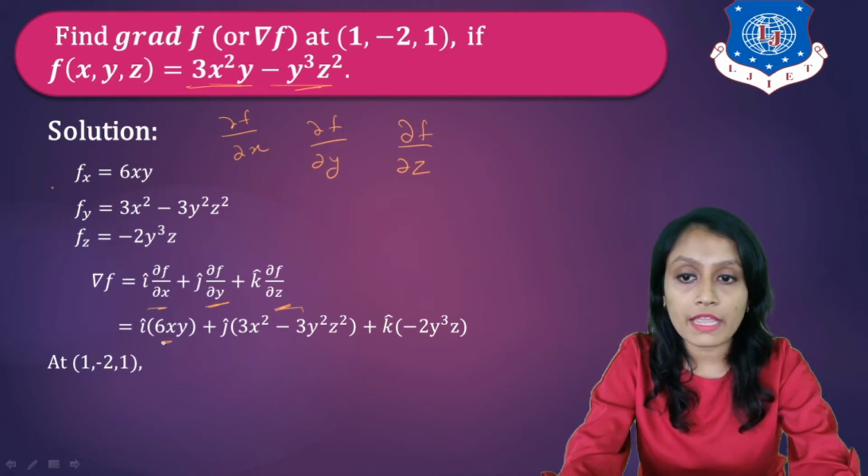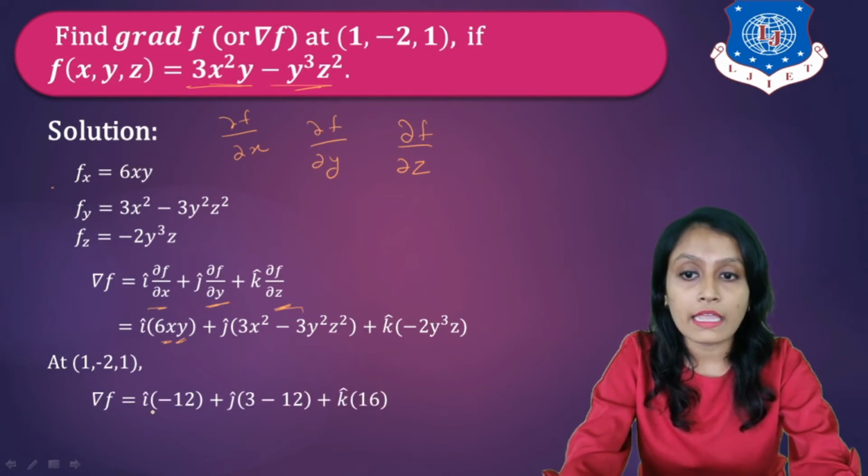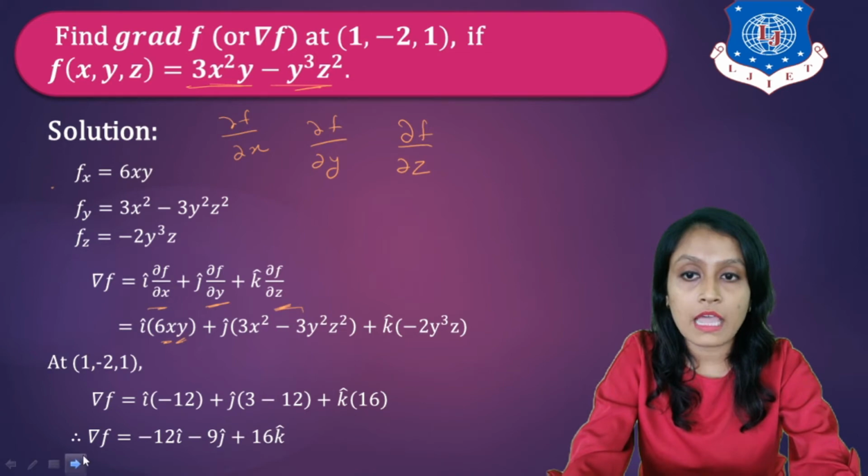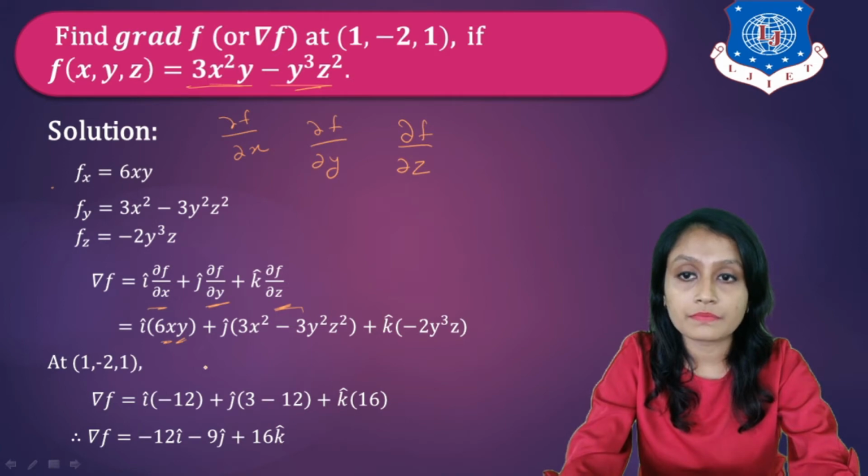So in place of x substitute 1, in place of y minus 2, and in place of z 1. So you will get the gradient as i cap into minus 12 plus j cap into 3 minus 12 plus k cap into 60, and on simplification you will get the answer of the gradient as minus 12i cap minus 9j cap plus 16k cap.